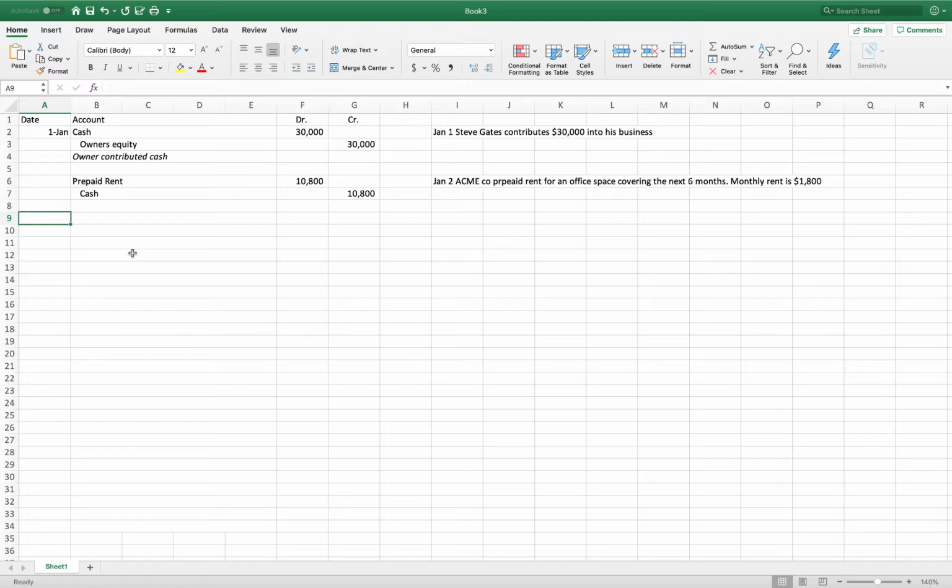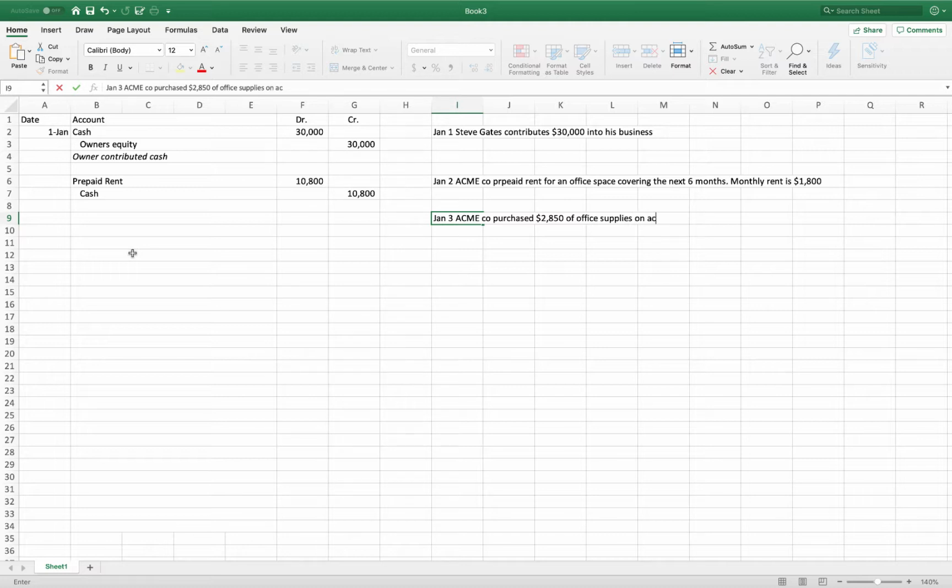So this third transaction says that on January 3rd, Acme Company purchased $2,850 of office supplies on account.